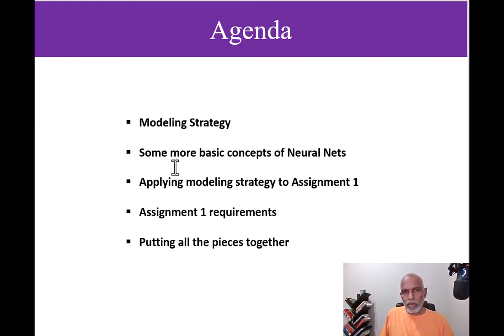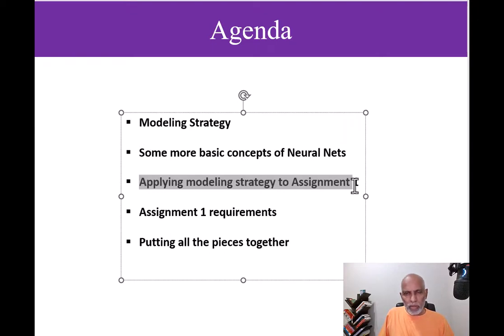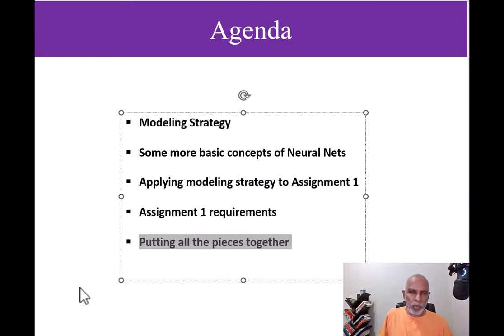It's important. On the way, I will also talk to you about some more basic neural network concepts, apply the modeling strategy to assignment 1, show you how to apply it, then cover the assignment 1 requirements and what I expect from you in terms of submission for assignment 1. All those things I'm going to discuss with you.